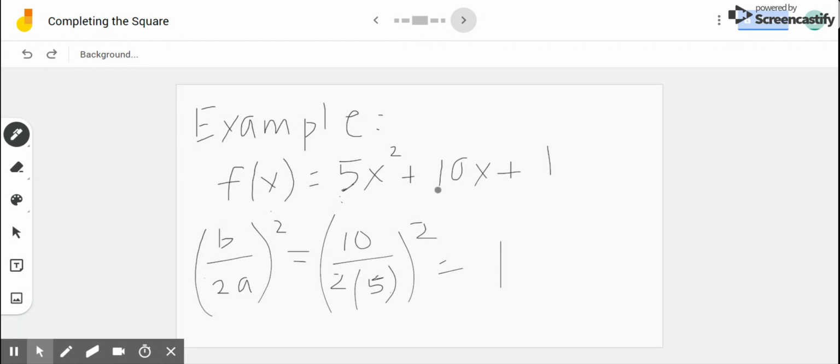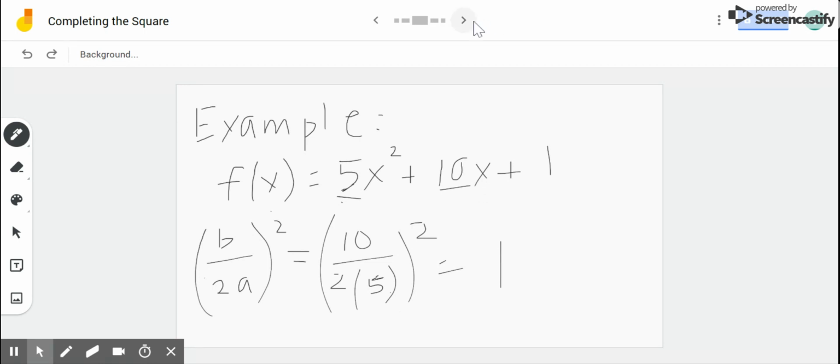So the b in this situation is 10, and the a is 5. So it's going to be 10 over 2 times 5, squared. And that will equal 1, because 10 divided by 10 is 1, and 1 multiplied by itself is 1.